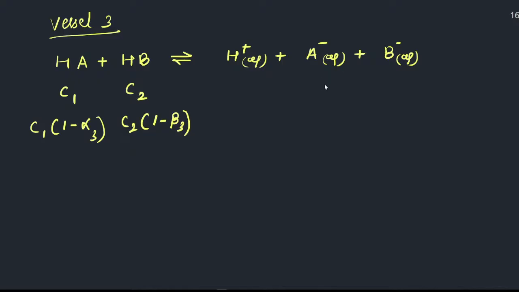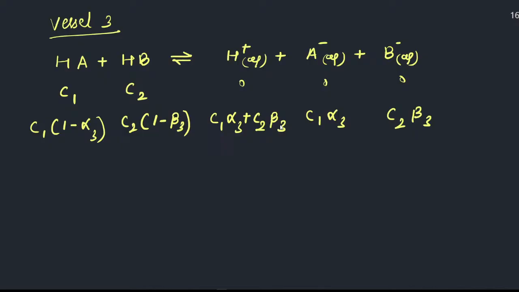So what is the concentration of A negative? It is C1 alpha 3, and B negative, it is C2 beta 3, and the H plus concentration is C1 alpha 3 plus C2 beta 3.